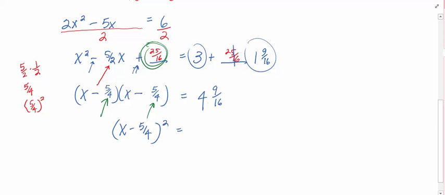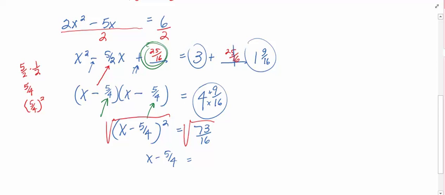I'm going to make this into an improper fraction, which will be 73/16. 4 times 16 plus 9, that's how I do that. Now I'm ready to take the square root of both sides, the square root property. So I have x minus 5/4 is equal to the square root of 73 over the square root of 16. The square root of 73 is the square root of 73, but 16 cleans off to 4.